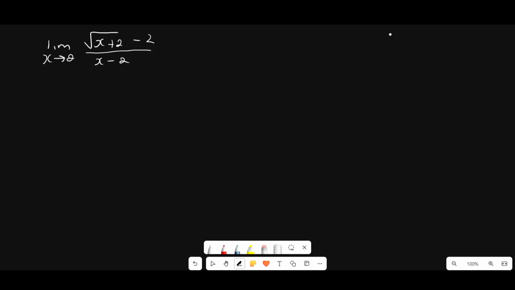Let's start with the substitution method. When using the substitution method, you take the square root and let the square root of x plus 2 be equal to any variable that you wish, let's say k.